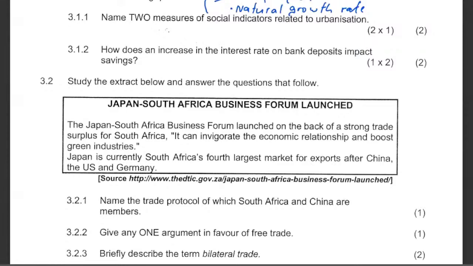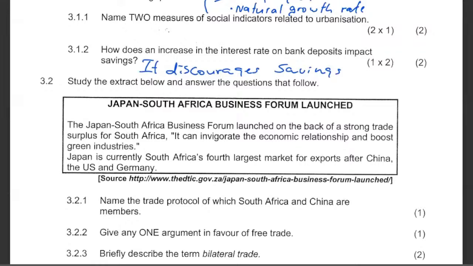So now let's move on to 3.1.2. It says, how does an increase in the interest rate on bank deposit impact savings? In this regard, savings is going to be discouraged. It discourages savings.